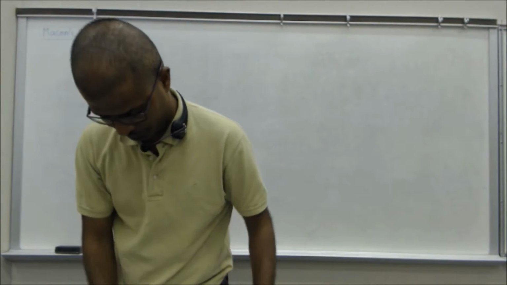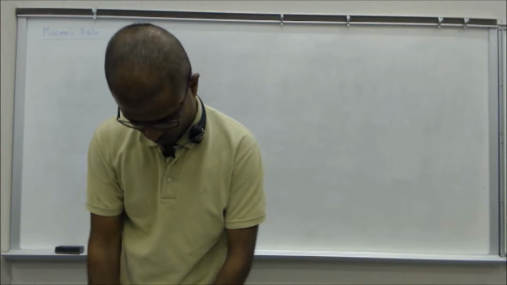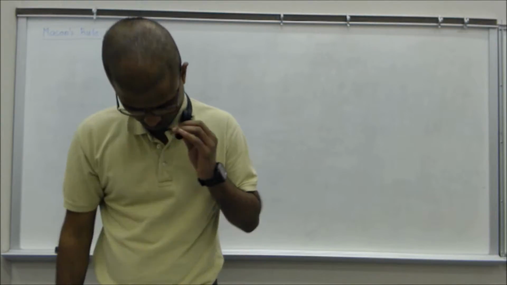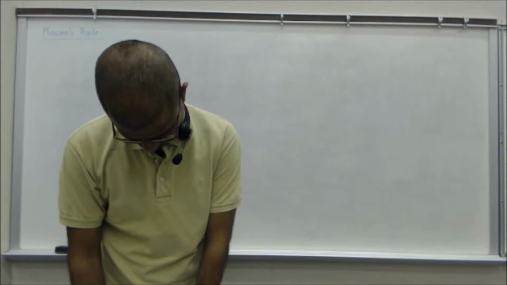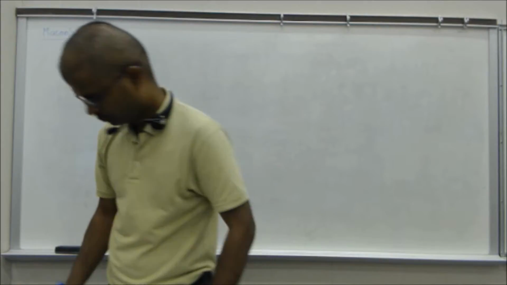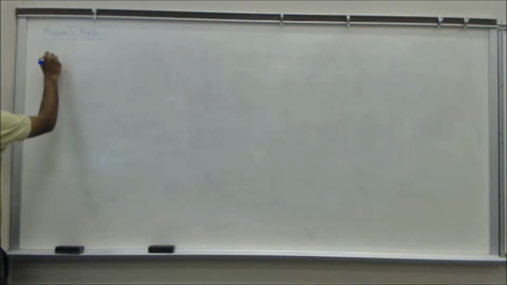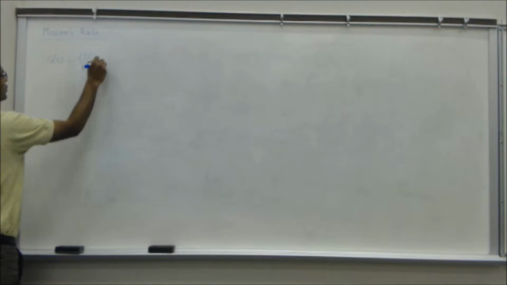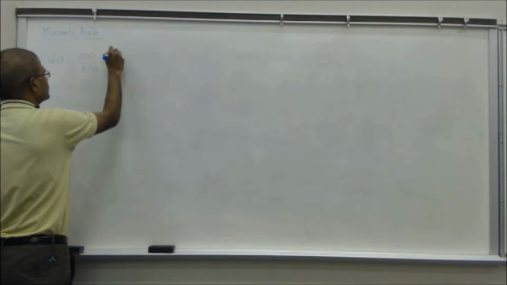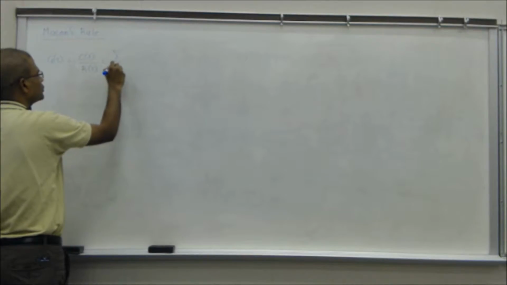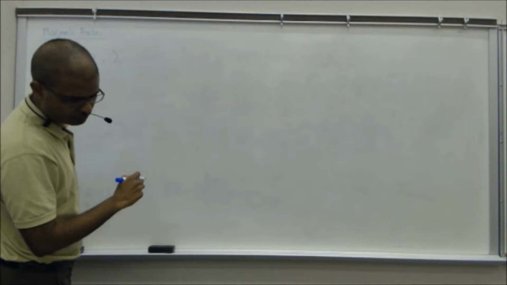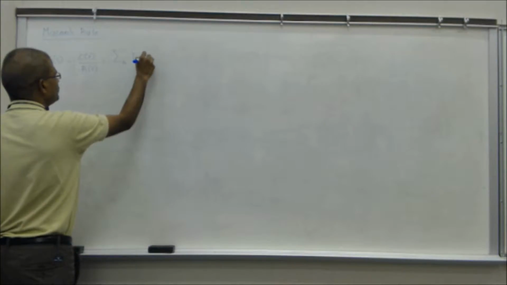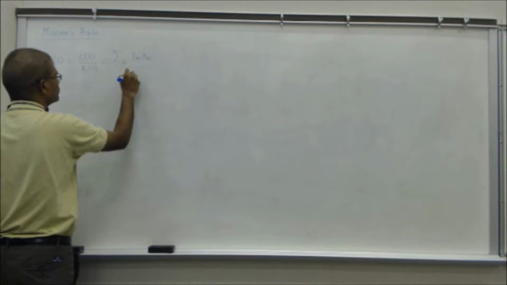The formula for Mason's rule is G of S, which is equal to C of S over R of S, is the summation over K of Tk delta K over delta.